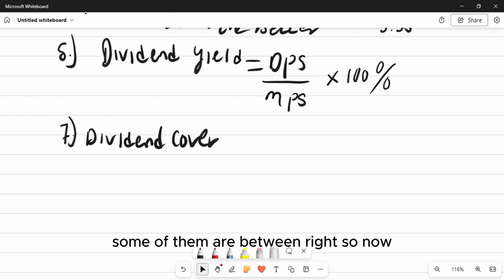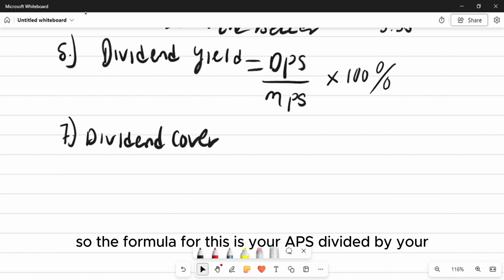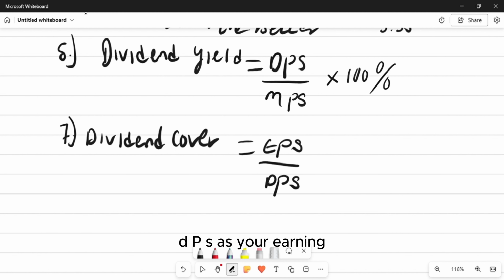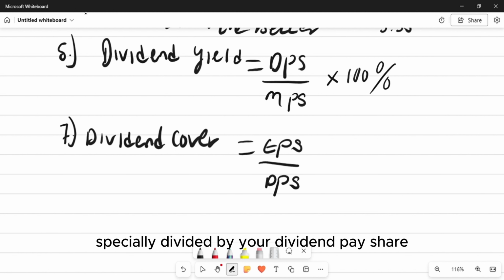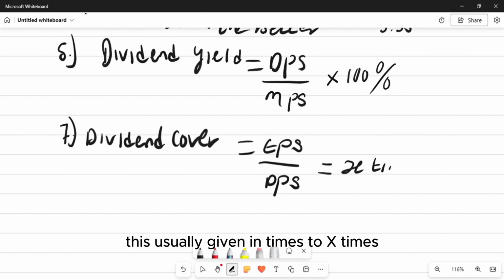Some of them are retained, right? So dividend cover is basically trying to find out how many times these earnings can cover or pay out as dividend. The formula for this is your EPS divided by your DPS, that's your earnings per share divided by your dividend per share. The answer is usually given in times, so x times.